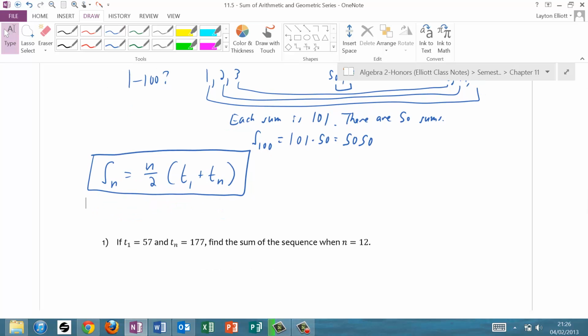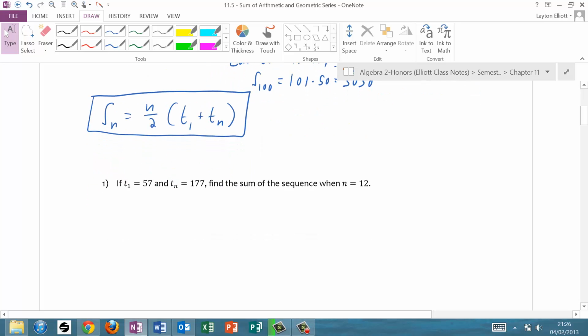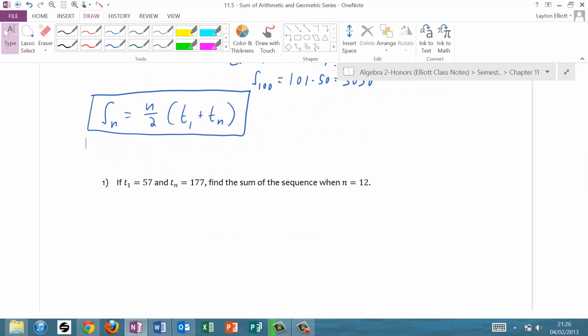This is essentially the formula that we really have to work with, and we're going to practice some examples now. Number 1, if the first term, t of 1, is 57, and the unknown nth term is 177, find the sum of the sequence when that particular term happens to be the 12th term. So I could rewrite this as t of 12 is equal to 177, and we're trying to find S of 12.